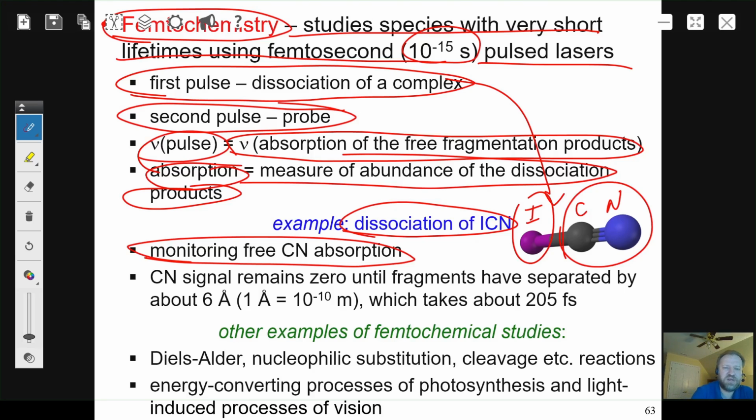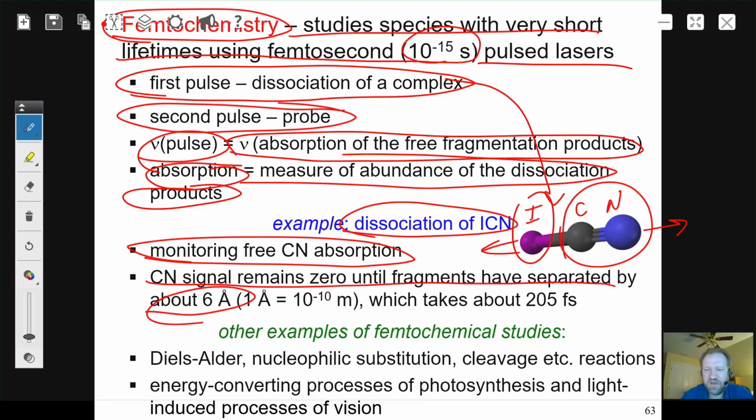And it turns out that the signal from the cyano group, again free, unbonded cyano group, remains zero until the fragments separate, the iodine goes in one direction, the cyano group, say, goes in another direction. Those fragments will have separated by about 6 angstroms.